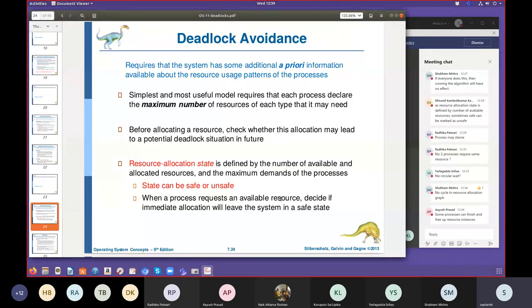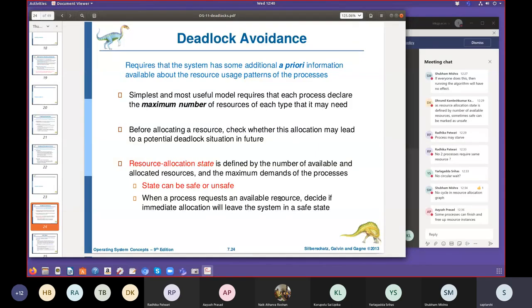So basically, if such a sequence of processes exists, that at least the first one can finish, after the first one finishes, the second one can finish with the resources freed up by the first one. After 1 and 2 finish, the third process can finish with all the resources freed up by 1 and 2. As long as such a sequence exists, the state is safe. Is it okay?